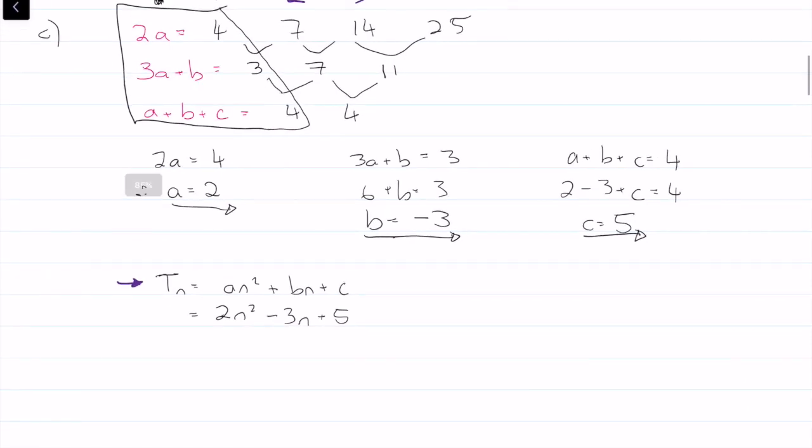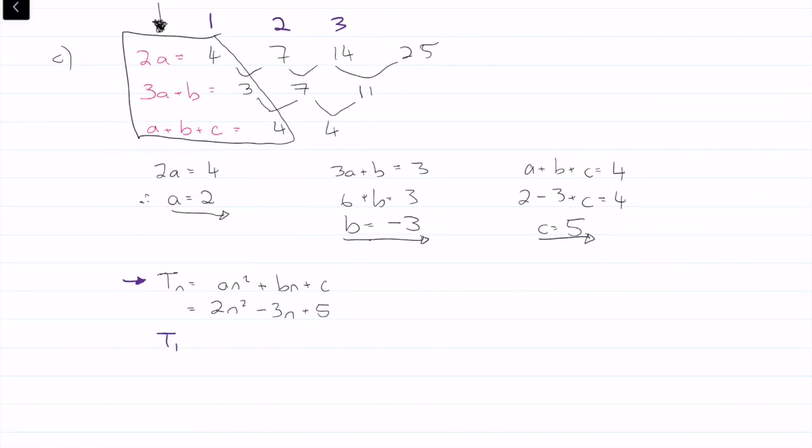So what you would say is that T1 is equal to, and we substitute 1 wherever we see n, so that's a plus b plus c is equal to term 1, which is 4.